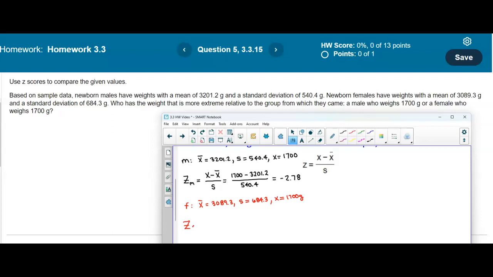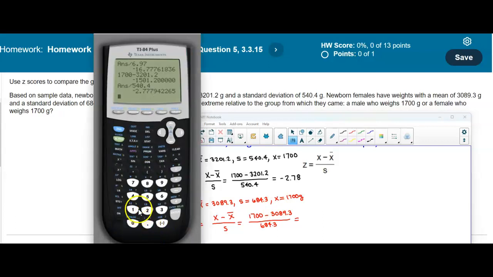So now let's plug in the formula for the female. The formula is the data value x minus the sample mean over the sample standard deviation, and the data value is given to be 1,700. We're subtracting the female's sample mean, so that's 3,089.3, and then dividing that by the sample standard deviation of 684.3, and then rounding to 2 decimal places.